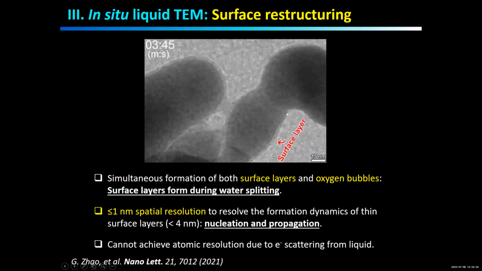So this surface layer formation indicates that some surface restructuring process occurs during the OER. And as the surface layer is less than 4 nanometers thick, to clearly resolve its formation dynamics, it means our spatial resolution should be less than 1 nanometer. But still, we cannot achieve the atomic resolution under this condition.